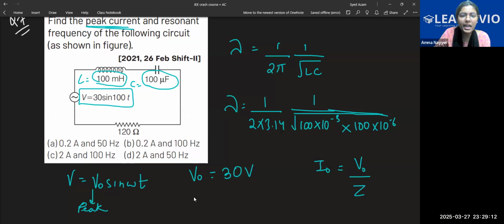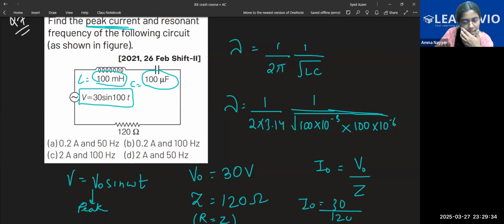Now, Meera, tell me what should be Z in this question? Resistance, because... Yes, it's very good. 120. Because it is resonant condition. In resonance, the value of R is equal to the value of Z. So I naught will be equal to 30 divided by 120. That is 1 by 4 amperes.